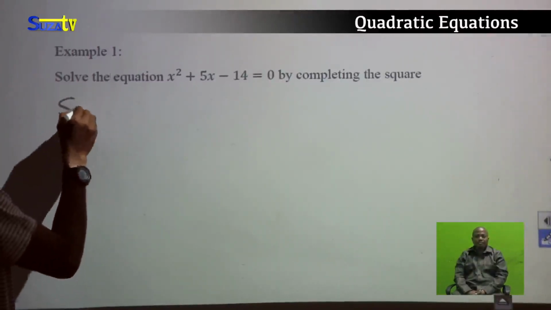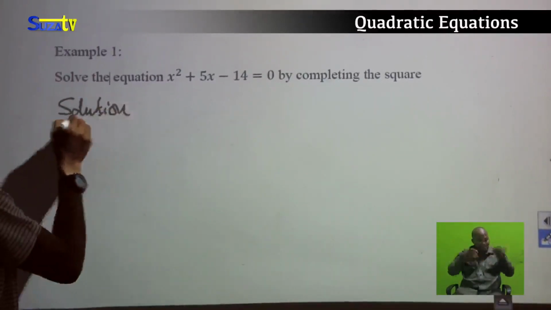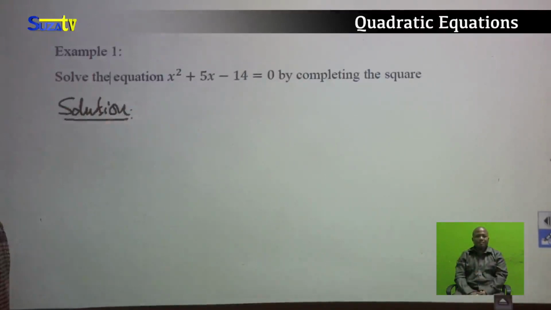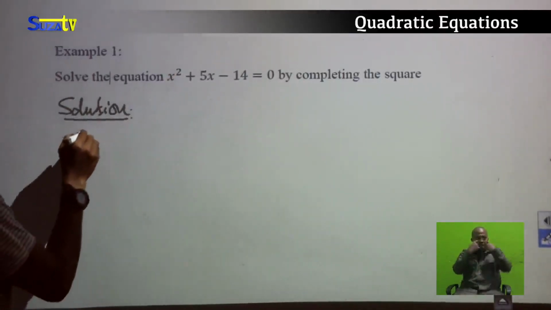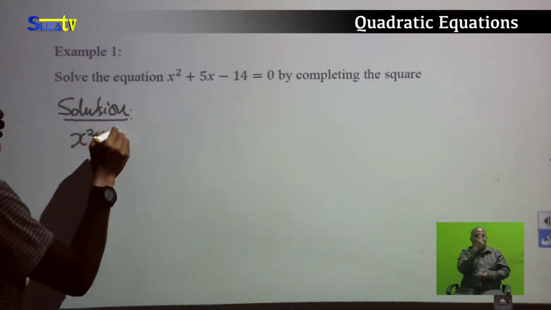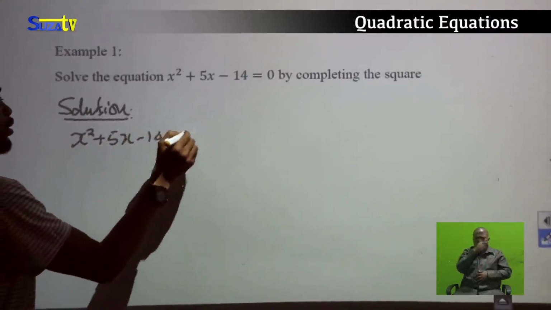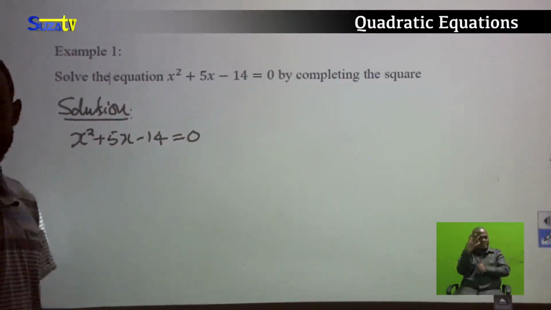Okay, solution. Good. Let's take our equation that says x squared plus 5x minus 14 is equal to 0.